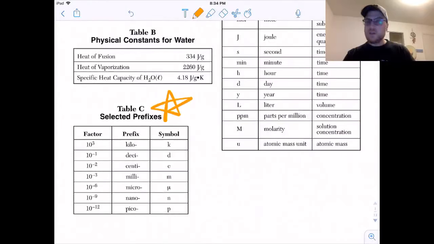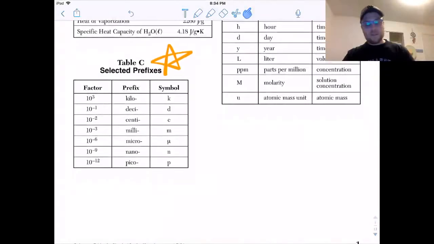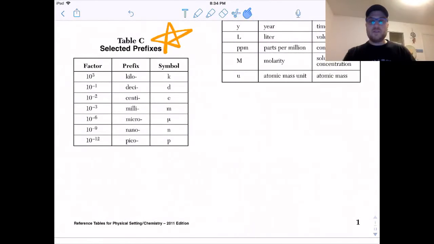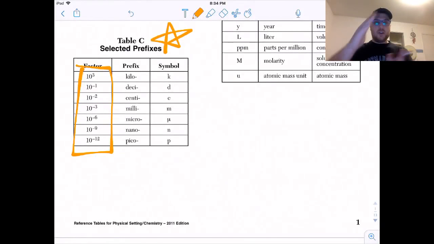So 10 to the third is your biggest one, which is kilo, and it goes all the way down to pico at 10 to the negative 12th. So you want to go from 3 to negative 12.